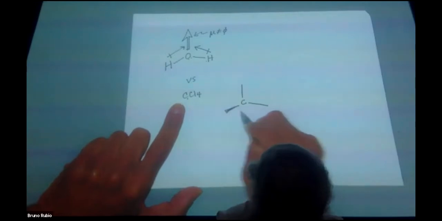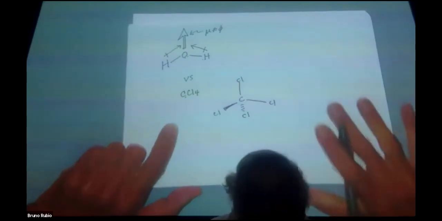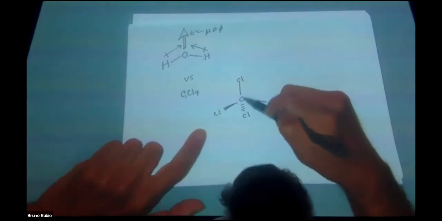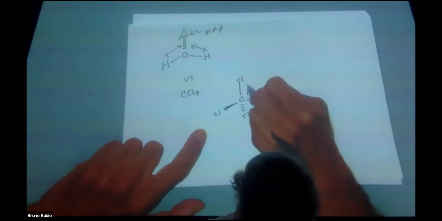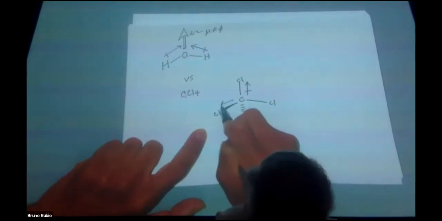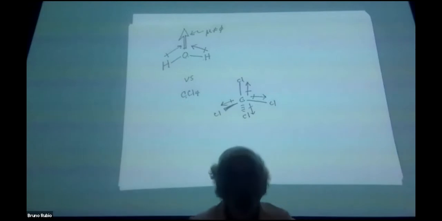It's a chicken foot. It's looking like this, something like that. And now what about the bond dipoles? Who's more electronegative, carbon or chlorine? Chlorine is. So there's a bond dipole that points toward each chlorine.